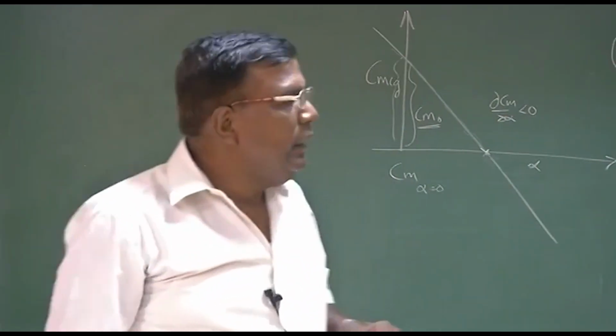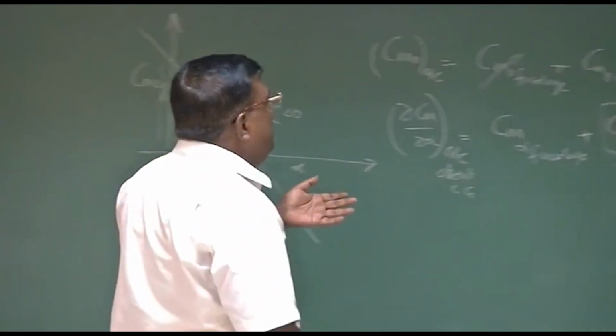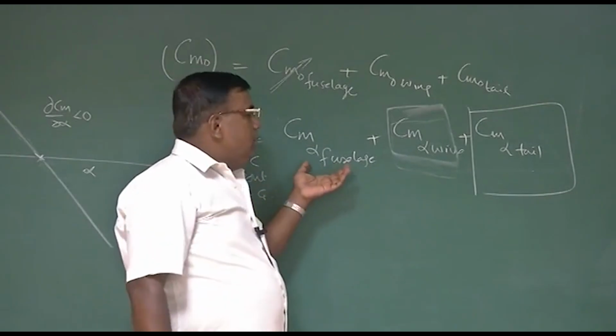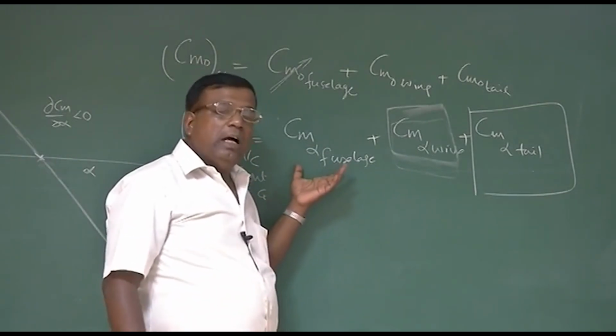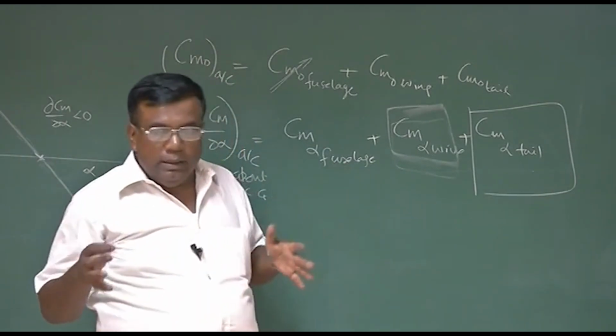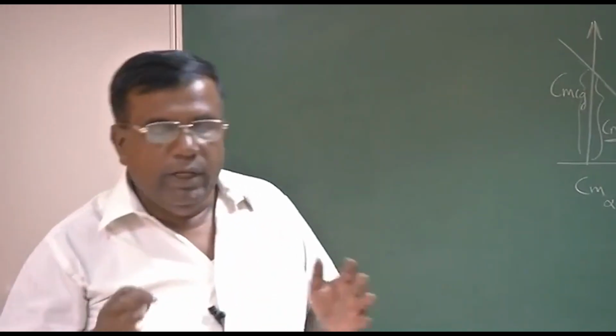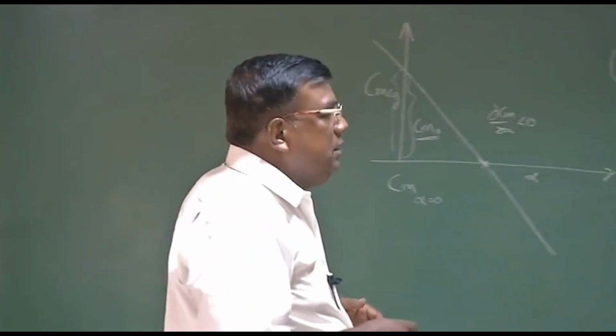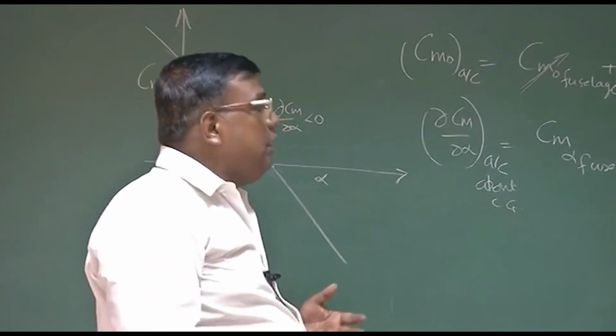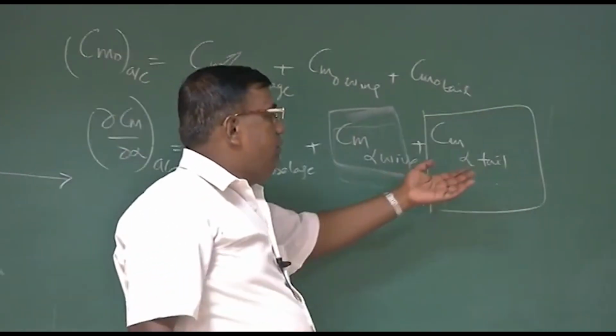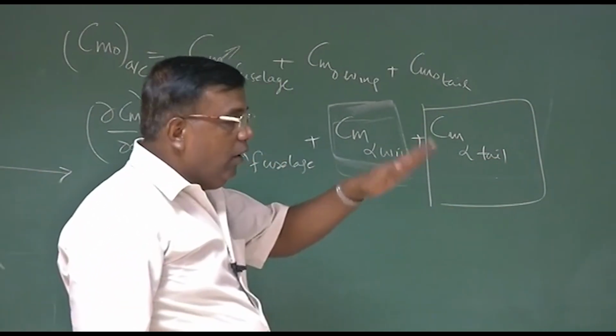That's all. And fuselage, what is its primary job? Its primary job is to contain the passengers, cargo, it's a volume, right? So we are very clear that fuselage has a distinct role, wing has a distinct role, and tail has a distinct role. When it comes to stability, it is the tail, horizontal tail for longitudinal stability.